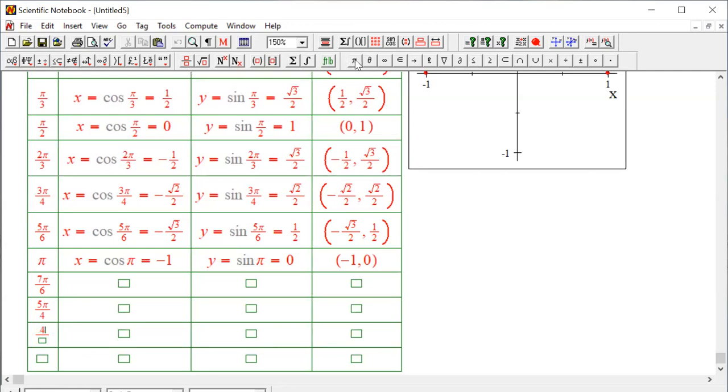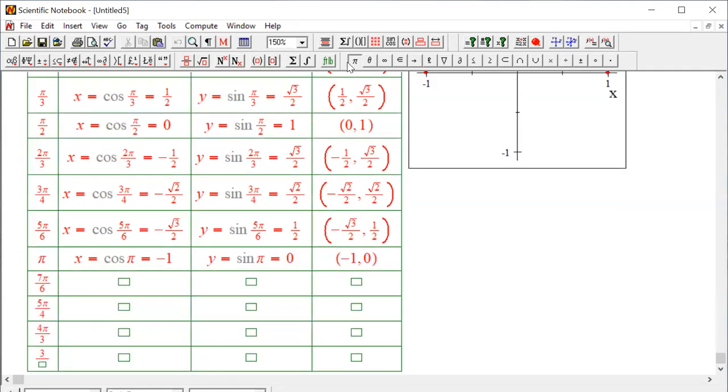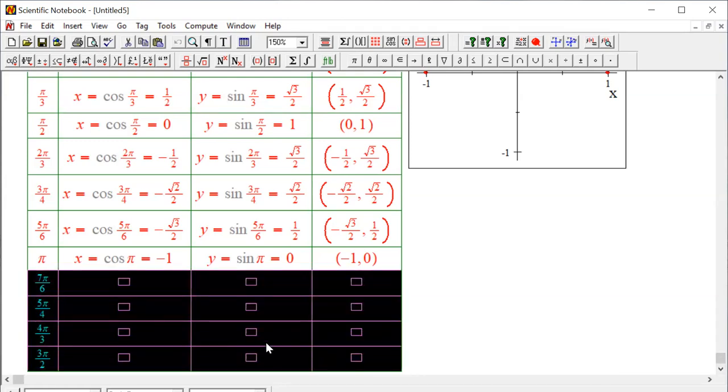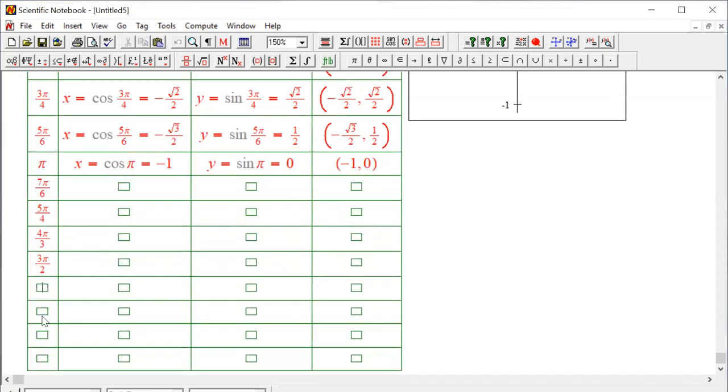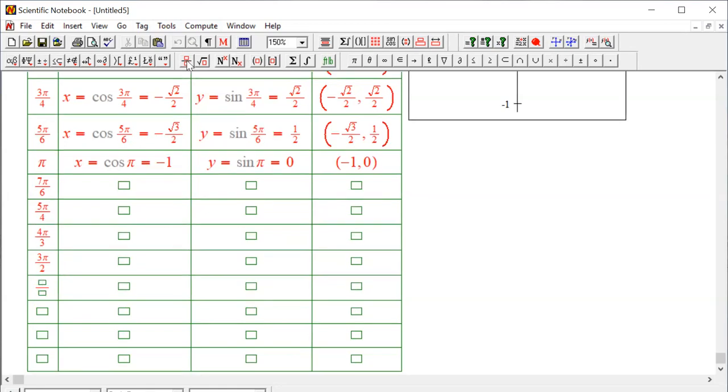This is 4 pi over 3, and then 3 pi over 2. So that's 4 points in the third quadrant, and then we're going to get 4 points in the last quadrant.